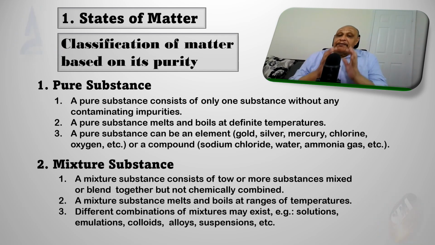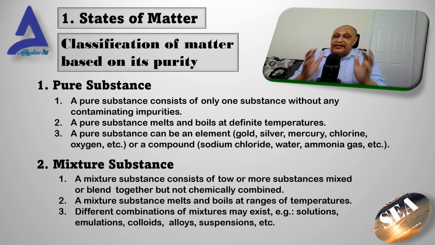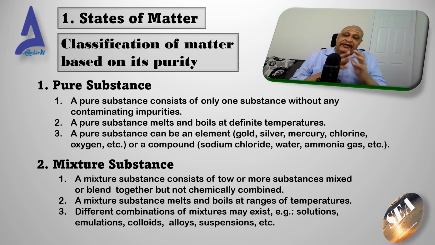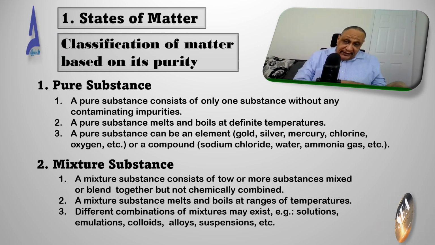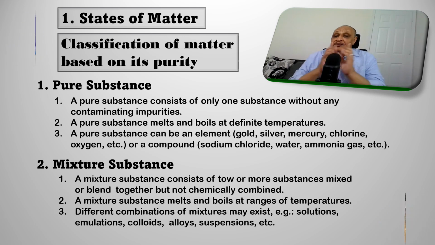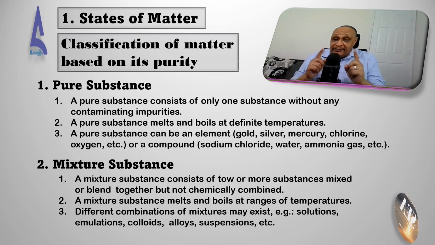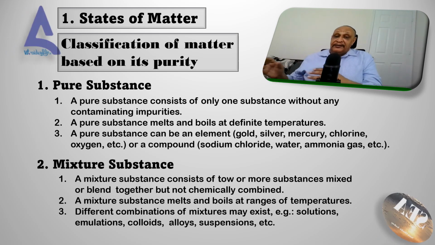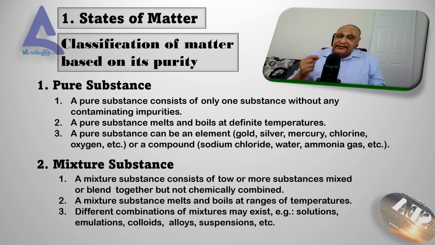So it is by itself pure because it consists of one substance. We did not define what a substance is yet, but it is only one substance. If it is two or more, it's a mixture. But if it is one substance, it is a pure substance.